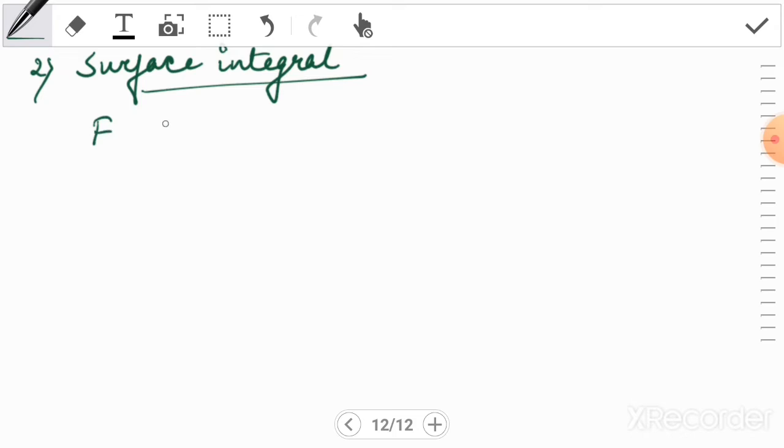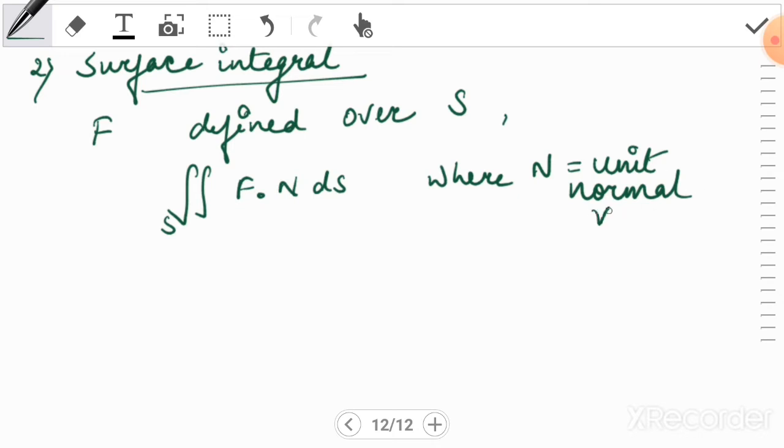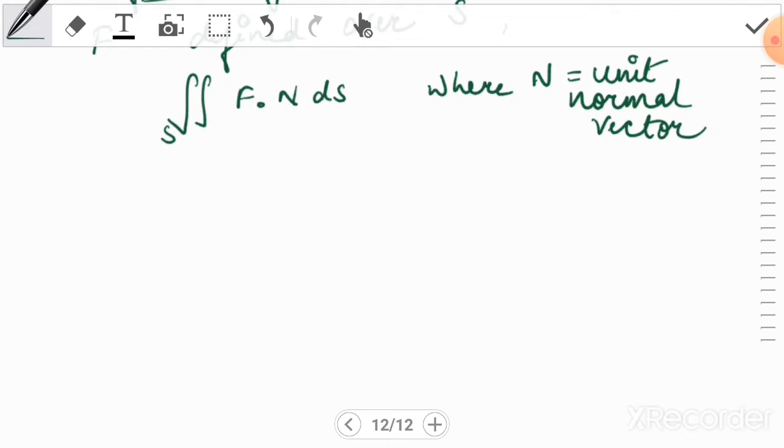So let f be any differentiable vector function defined over a surface S, then the surface integral is defined by the double integral of f dot n ds, where n is the outer unit normal vector to the given surface.